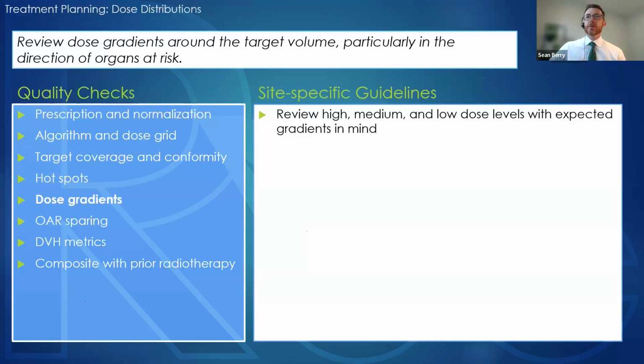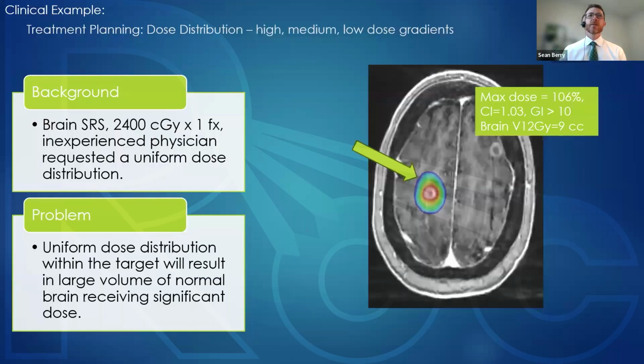And during plan review, we've already kind of talked about, we looked at that high dose line around the lymph nodes of the prostate case, but you want to look also at the medium and low dose fall off. And you want to think, is the dose fall off I'm seeing reasonable? And is it what I've seen before? So here's an example of an SRS case where the patient's getting treated in a single fraction, but the physician asked for something different than usual.